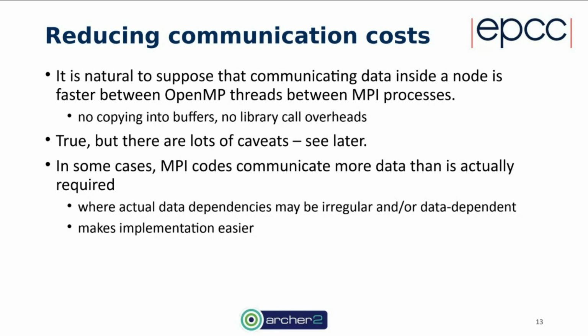It makes the MPI implementation a lot easier if you always just send to your neighboring process everything that it might need in the next time step, for example, rather than actually trying to reduce it to only the data items that it's really going to use in the next time step.